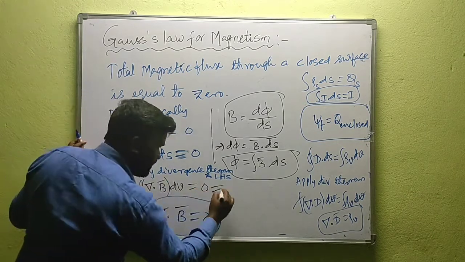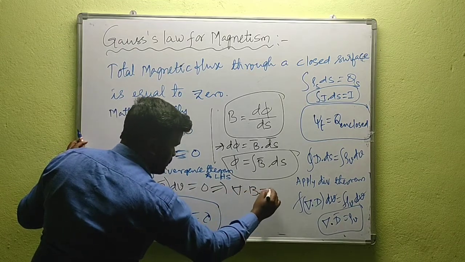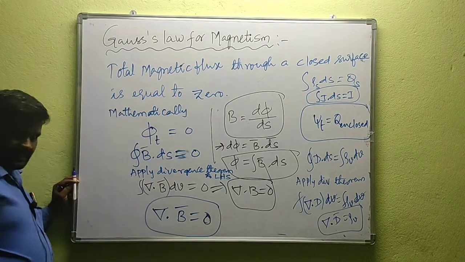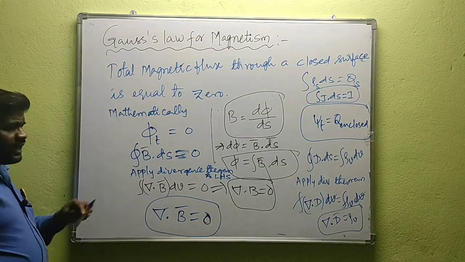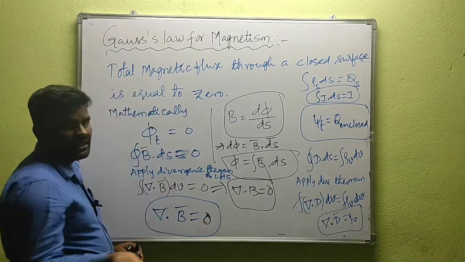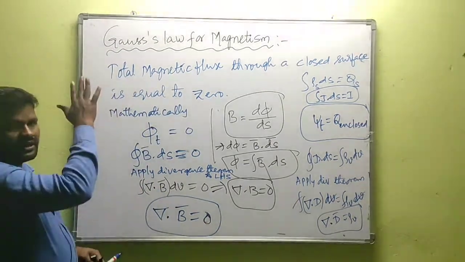It implies del dot B equals 0. It is one of the Maxwell's equations, which we can call Maxwell's fourth equation or third equation according to our order.